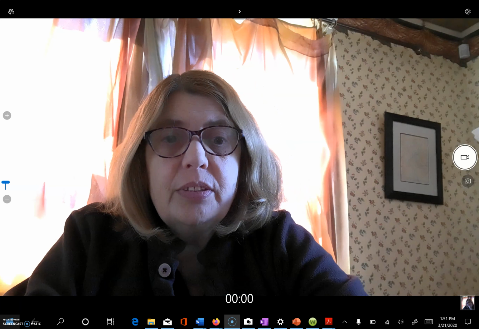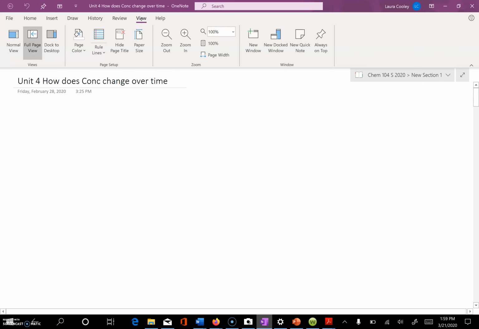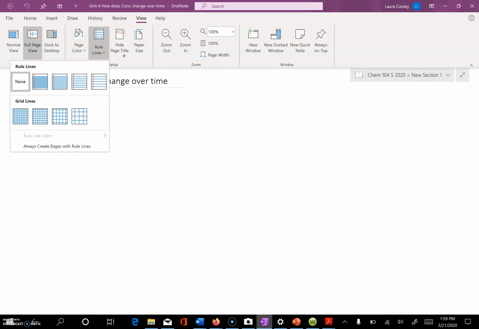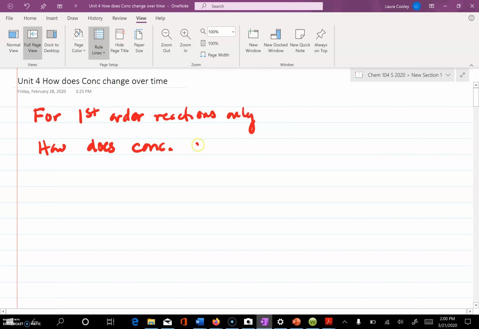Okay, so what I'm going to do is go over to OneNote. All right, so here I am in OneNote. I'm going to be talking about, for first order reactions only, how concentration changes with time.